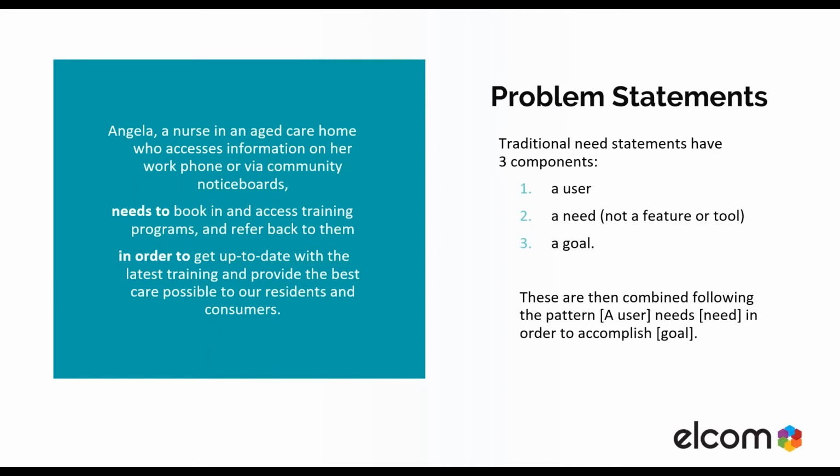So in this example, when the team look at designing the training capabilities for Angela, who's a nurse in an aged care home, they can start by asking what the larger problem at hand is and refer back to this problem statement. For instance, what do users need in order to run training effectively or to attend training, such as promoting the event, keeping track of attendees, registering? What are those issues users might have with accessing training?